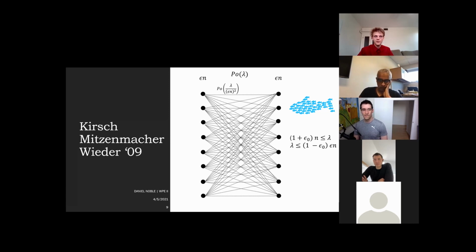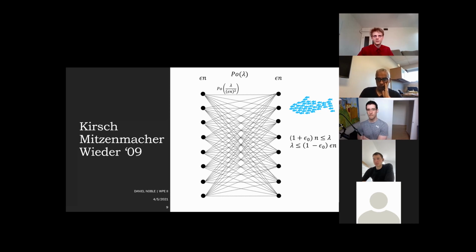It's a pretty decent upper bound. And we can see that, for instance, because the Poisson distribution is tight on both sides. And so the probability that lambda is greater than, say, epsilon n is also going to be negligible.